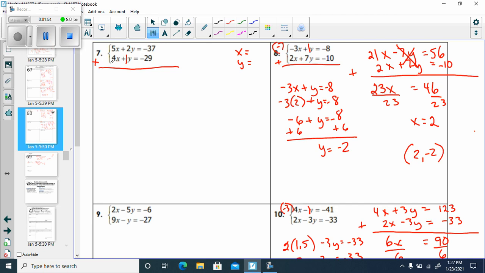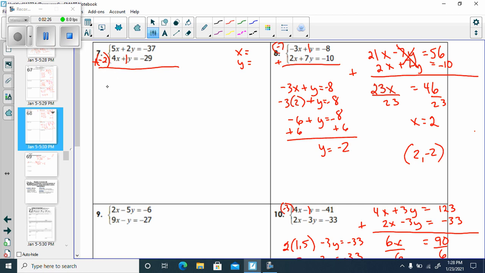If I've got 5 and 4, there's nothing I can multiply 5 by to get 4, and nothing I can multiply 4 by to get 5. But if I've got 2 and 1, I can multiply this 1 by 2 to get 2. Now keep in mind, I want to get rid of these and I'm adding them. So what I would really do is multiply everything here by -2. If I do that, I'm going to get 2y plus -2y. So that would eliminate the y.